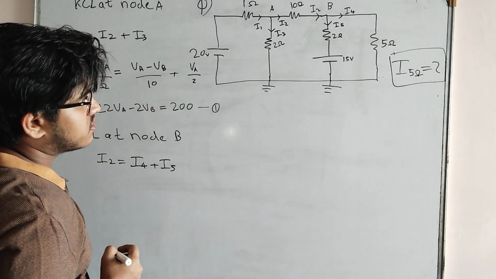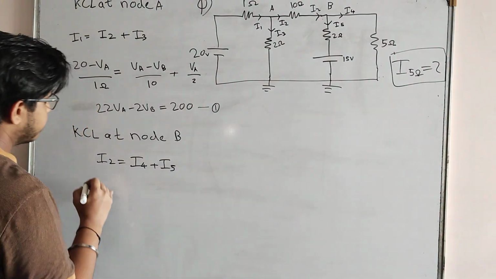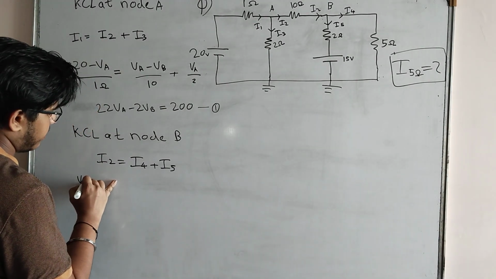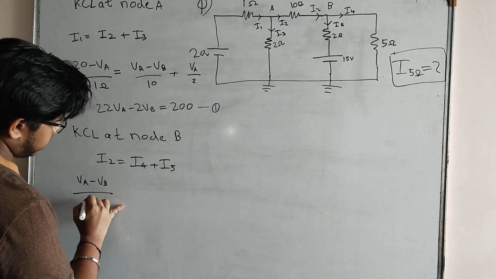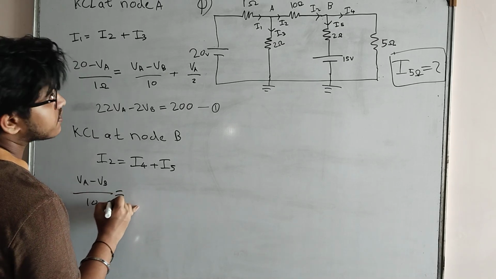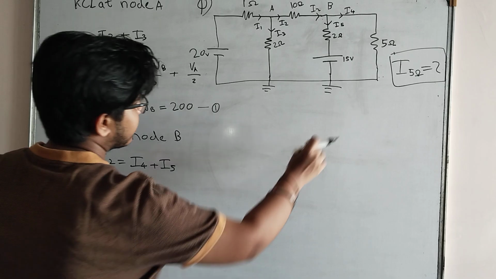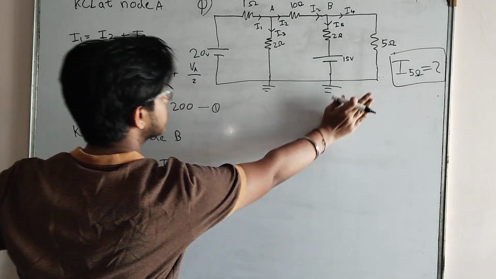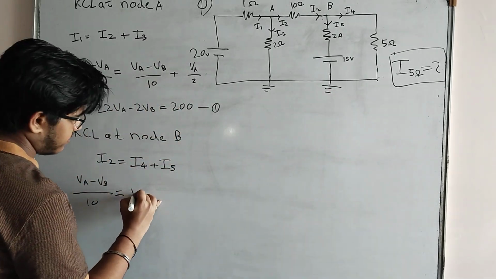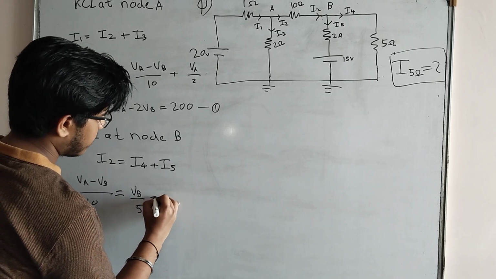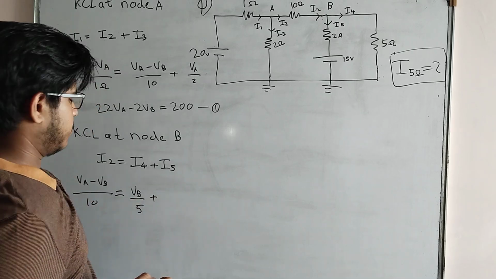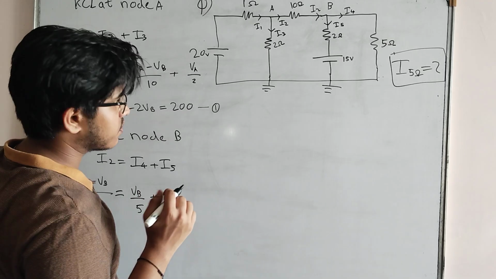Now I2 will be (VA minus VB) whole divided by 10, is equal to I4, which will be, again, this is at 0 potential, so my I4 equation will be VB upon 5, plus I5, which has an interesting equation.